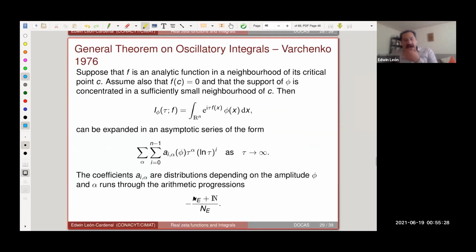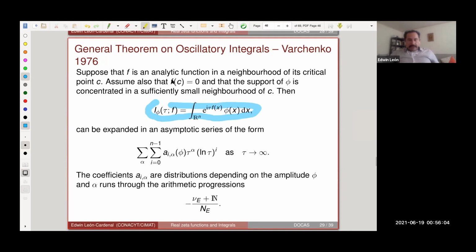So how is this related with the problem of asymptotic estimation of oscillatory integrals? Well, here's the general theorem on oscillatory integrals. So recall that our oscillatory integrals are this type of objects, and we are going to assume that f is an analytic function in a neighborhood of its critical point.